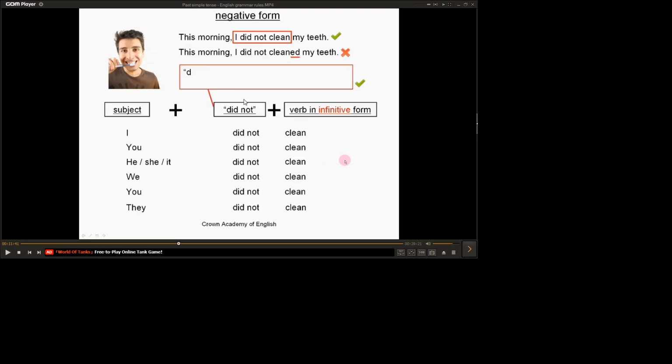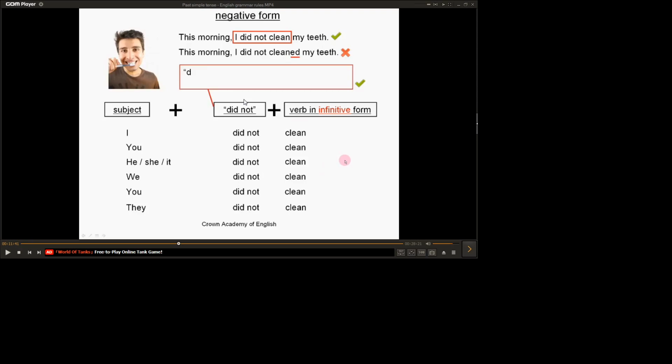Contohnya: this morning I did not clean my teeth. Di sini clean-ed salah, oke? Karena sudah ada did. Di sini harus bare infinitive. Atau I did not clean my teeth. Ini benar, yang ini salah. Kenapa, Pak? Karena di sini sudah ada did dan ini adalah bentuk negatif. Ada not-nya. Oke, kita lanjut.